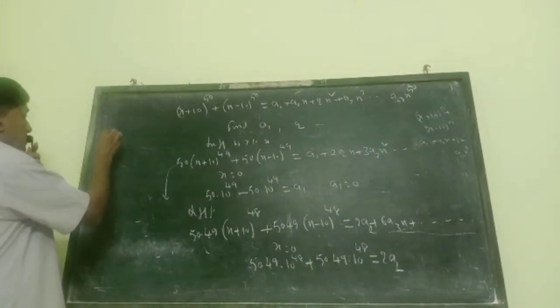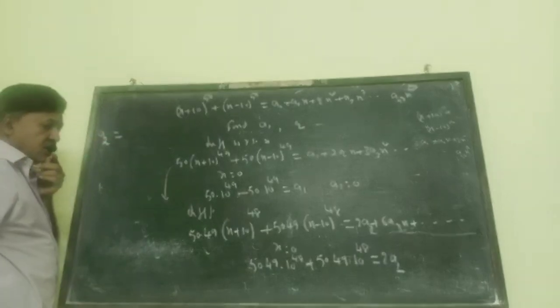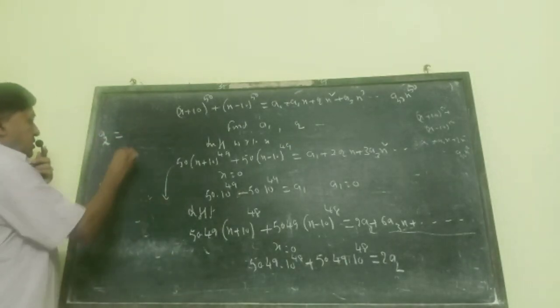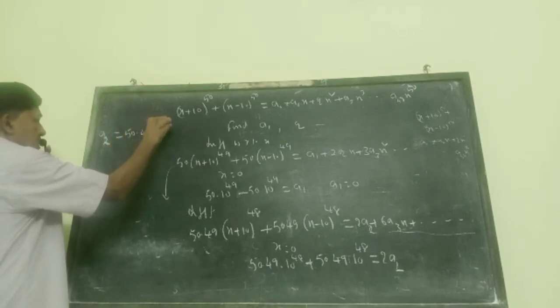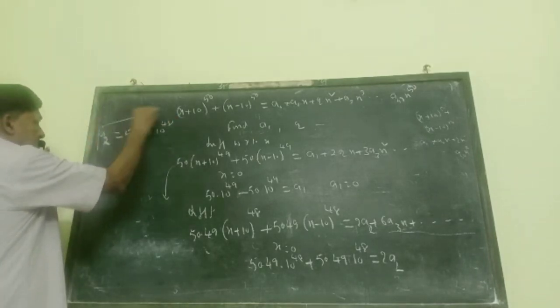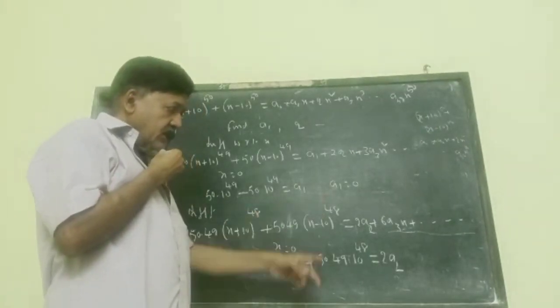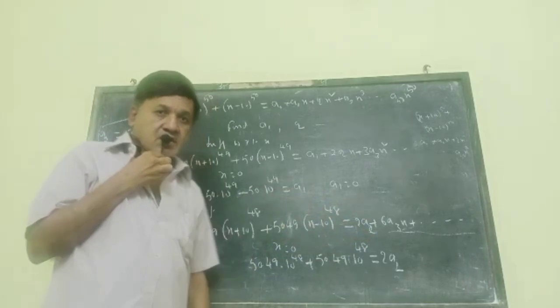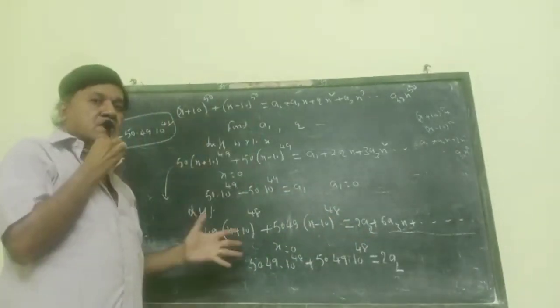So, what is your a2 value? The a2 value is nothing but 50 into 49 into 10 power 48, because it is coming twice here. Remember, here minus 10 whole power 48 is 10 power 48 only. So you can get the a2 value like this.